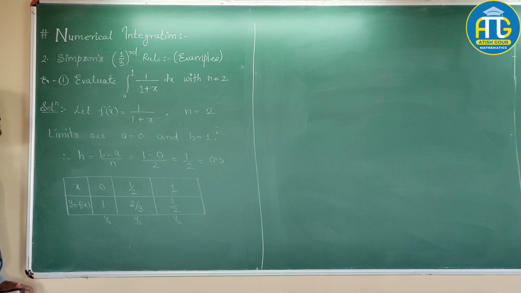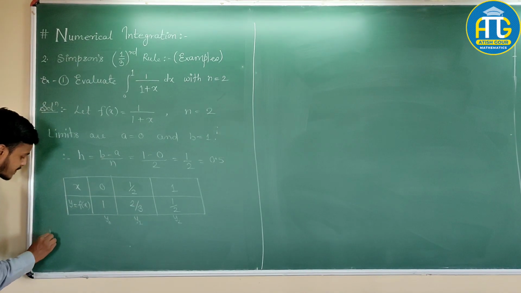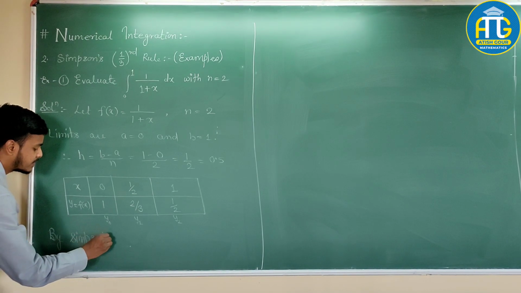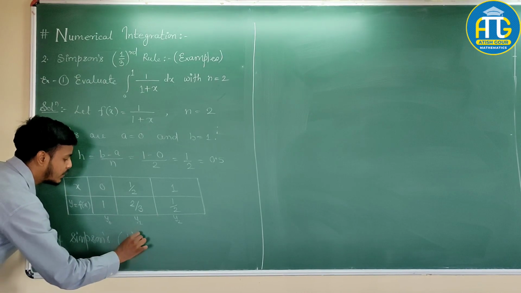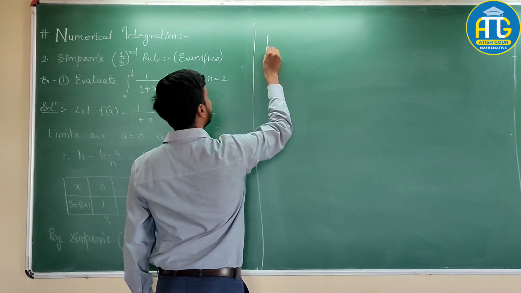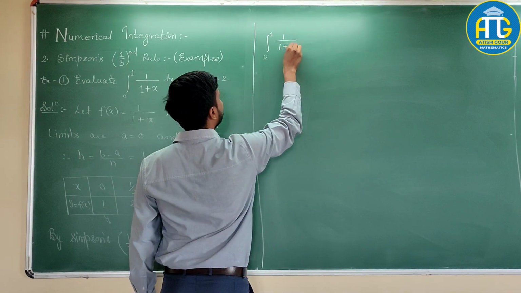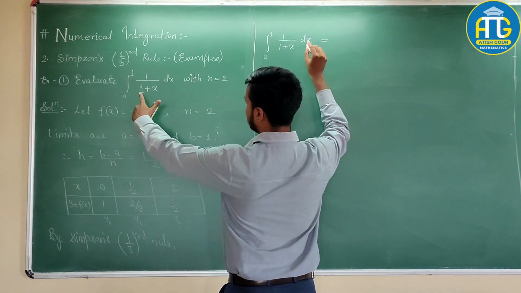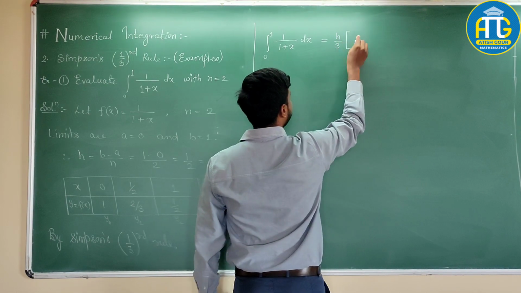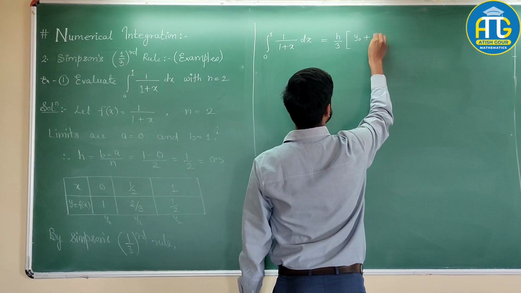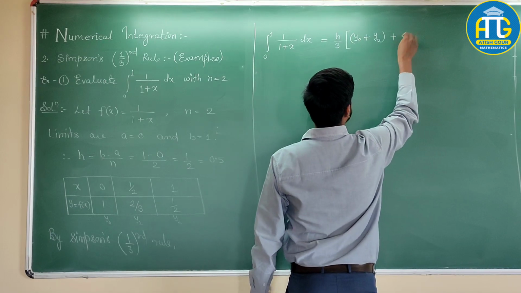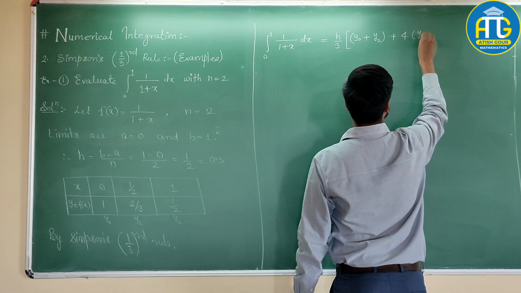Now make use of Simpson's 1/3 rule. By Simpson's 1/3 rule, the integral from 0 to 1 of 1 upon 1 plus x dx is equal to h by 3 times y0 plus yn, here n is 2, so y2, plus 4 times y1.